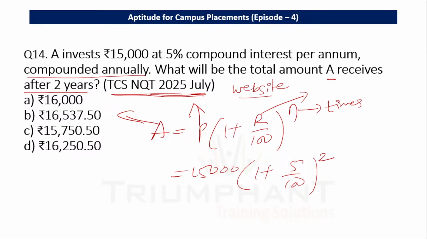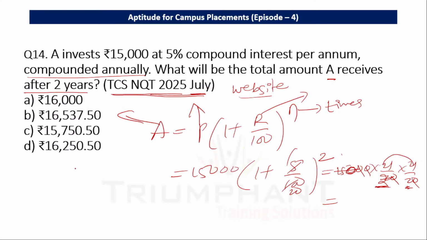So if I simplify this, 5 ones are 5, 5 twenties are 100, so this is 15,000 into 1 plus 1 by 20, 21 by 20 into 21 by 20. So if I simplify this further, 2 zeros get cancelled, and 2 ones, 275s, or else what I can do, I am keeping 0, I am not cancelling with 2, I am keeping 2 2's here.